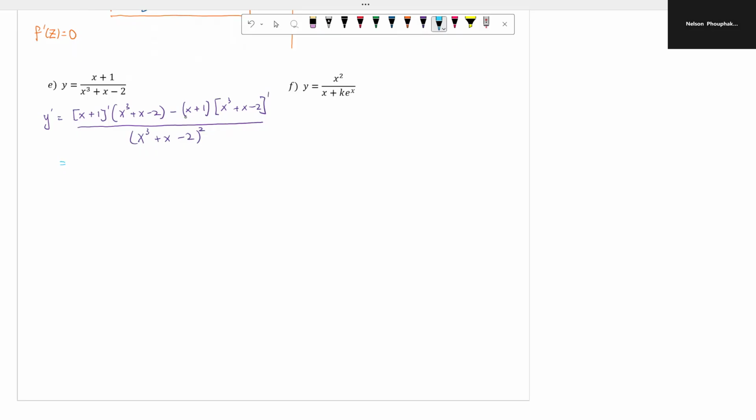Then the derivative of x plus 1 is 1. And the derivative of x to the power 3 is 3x squared, plus the derivative of x is 1, and the derivative of negative 2 is 0.